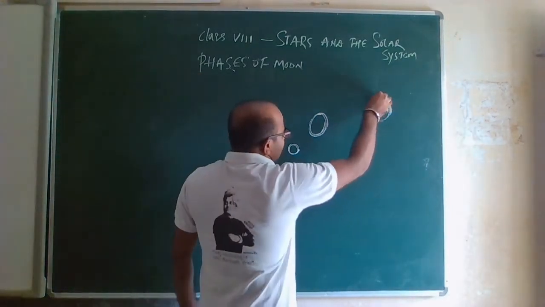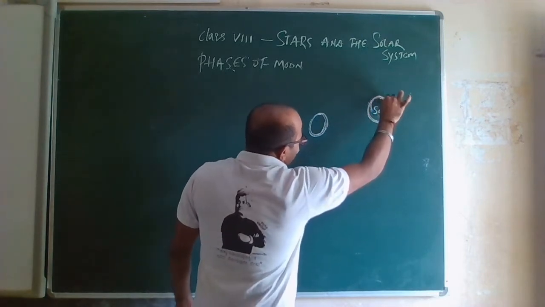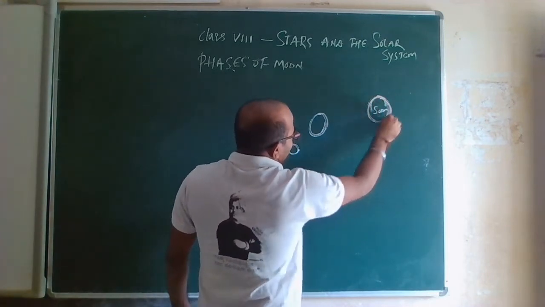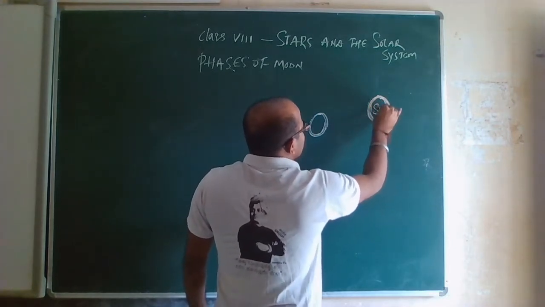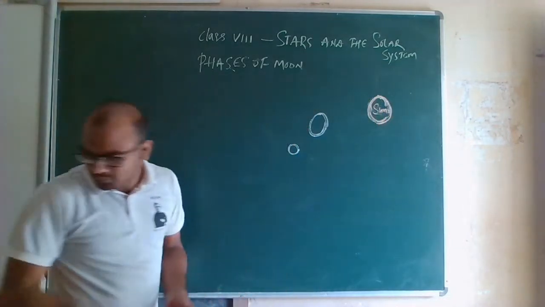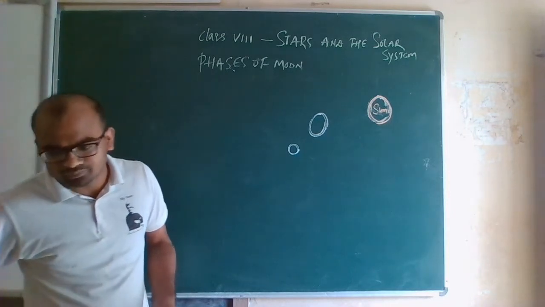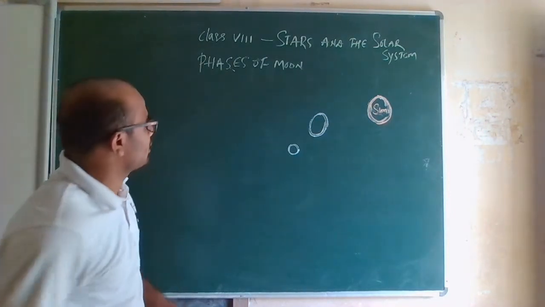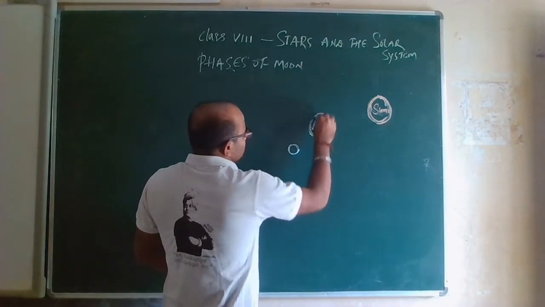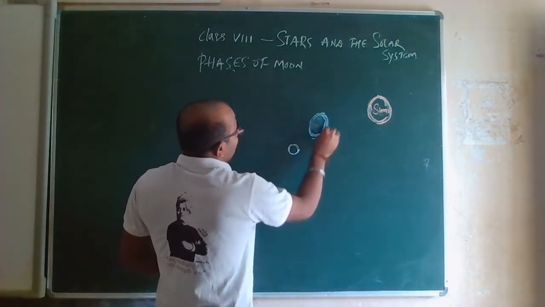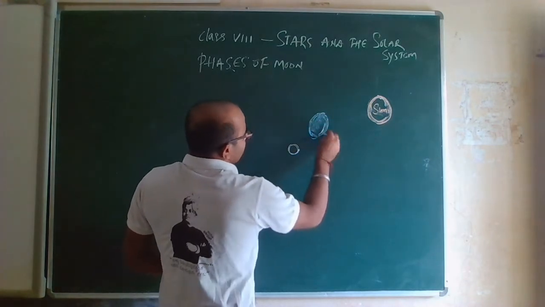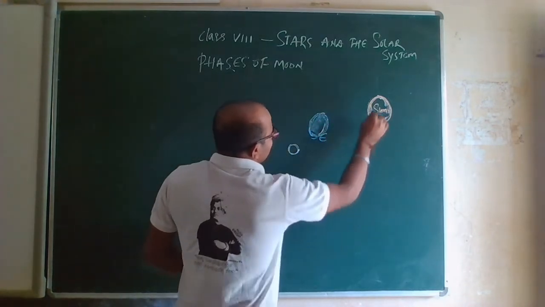See, this is the sun. Let me make it yellow color, so this one can be the sun. Whereas this blue color is the earth, and white we can make the moon. This blue color is earth, because earth is a blue planet. So this is earth, E, and I am writing sun here.